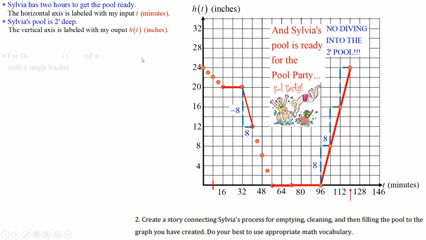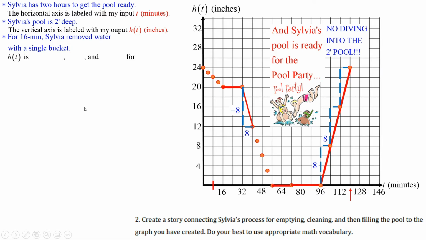Now, where did we start? For 16 minutes, Sylvia removed water with a single bucket. So that is this part of the graph right here, as the water was being removed 1 bucket at a time for 16 minutes. So let's talk about what that means. H of t is decreasing.